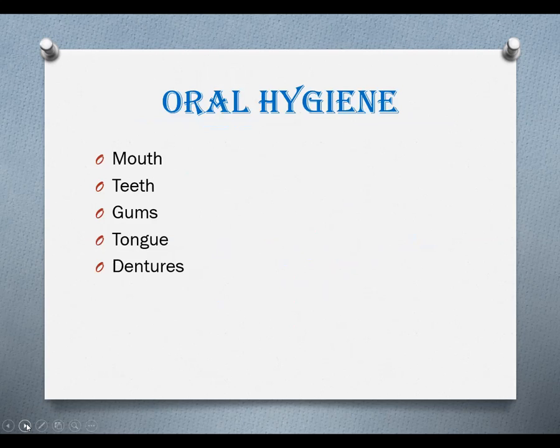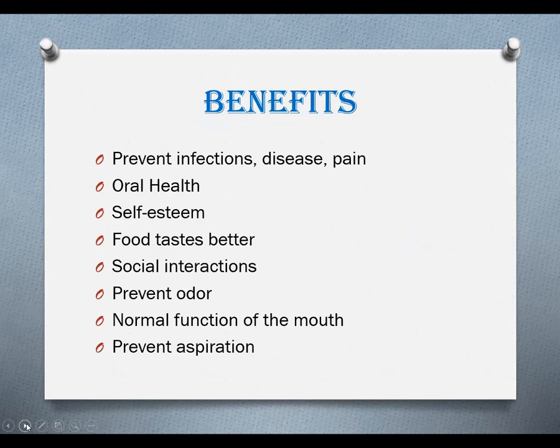So when you are performing oral hygiene, you are going to perform hygiene for the mouth, their teeth if they have natural teeth, their gums, the tongue, and if they wear dentures, you're going to clean their dentures. The benefits of oral hygiene: it prevents infections, disease, and pain.